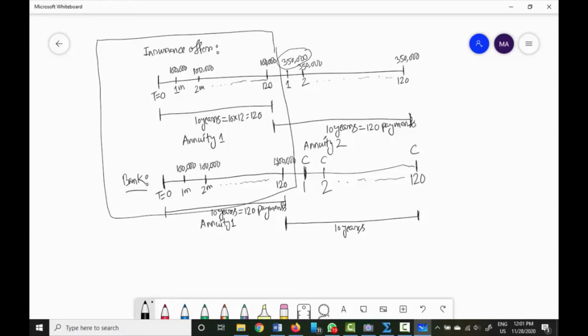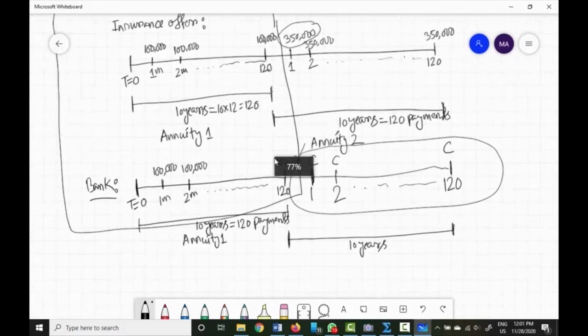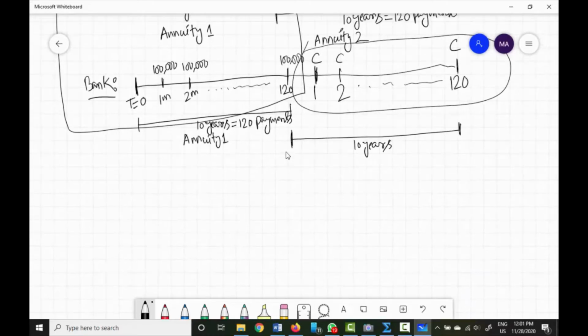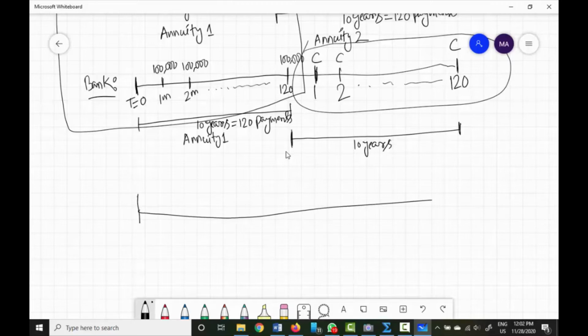So now we need to find out how much we will get. That means we need to find out the value of C to compare how much the bank will give us and how much the insurance company is offering us. To find the value of C, I'm drawing the diagram again to give you a clear understanding.